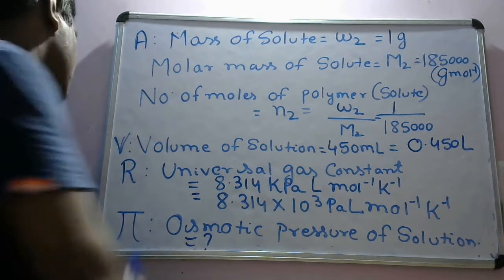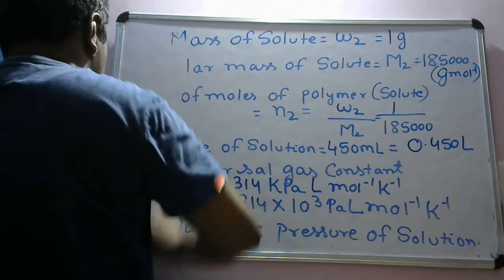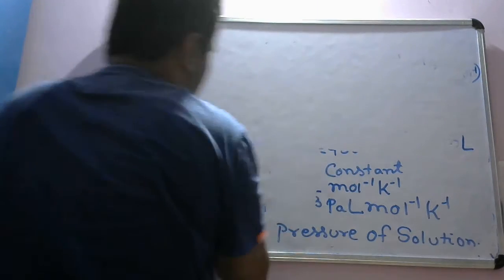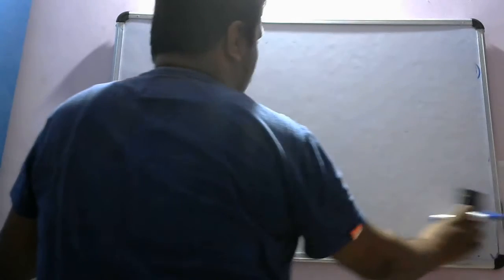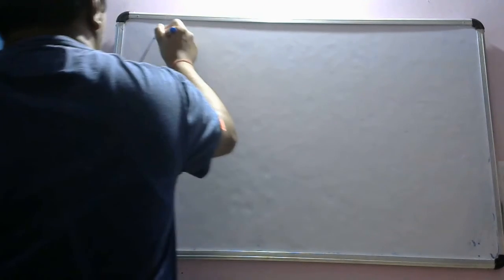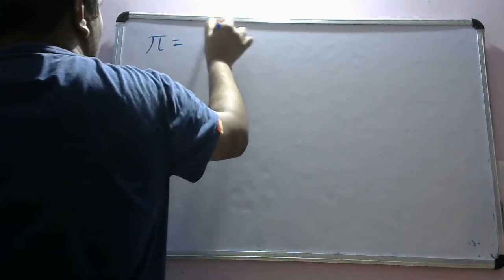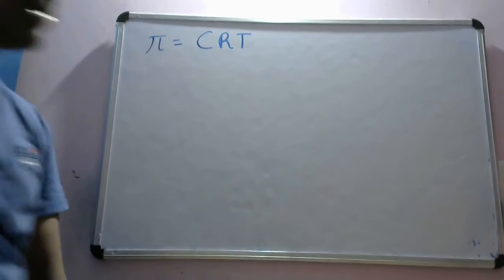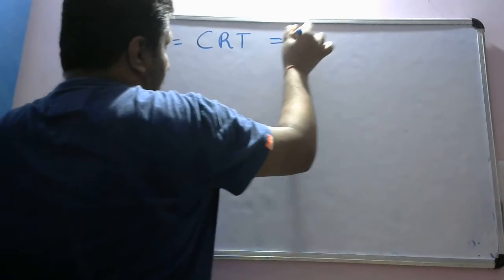Now let us apply the formula for osmotic pressure: pi equal to CRT, where C is the molarity of the solution.